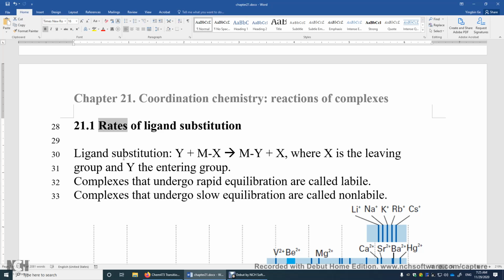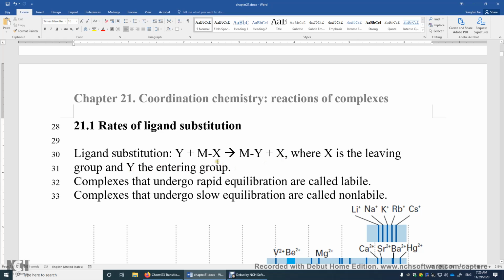Now let's look at a ligand substitution reaction here. On the reactant side, you have a bond between M and X. X is a ligand, M is the metal. And Y is going to replace X. So on the product side, there's a bond between M and Y. X is called the leaving group. Y is the entering group.